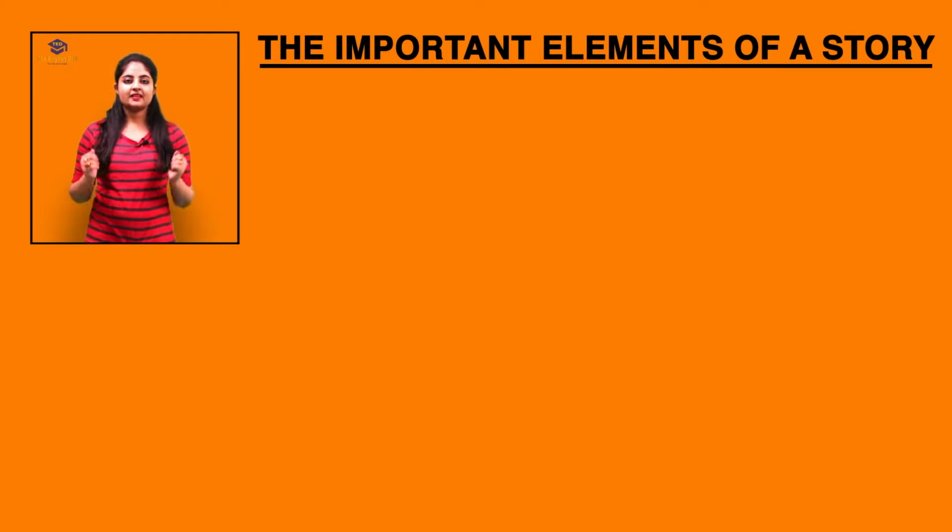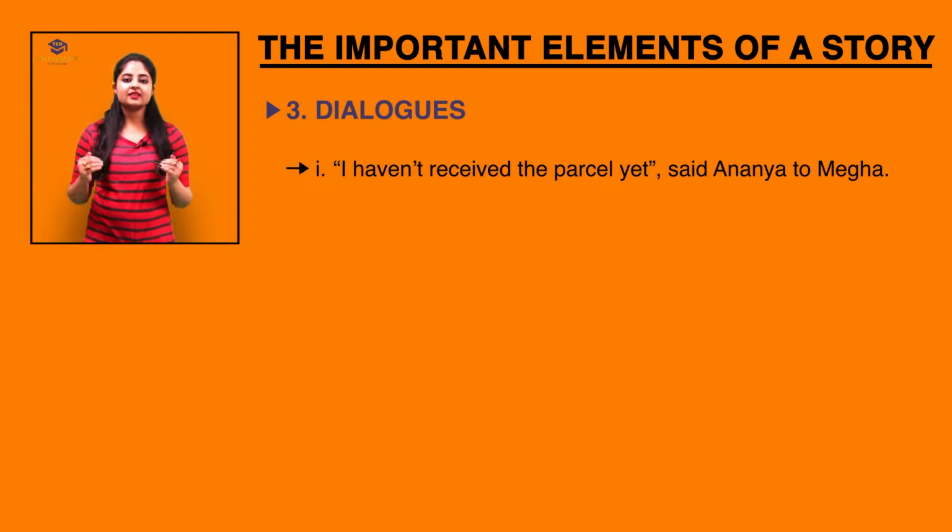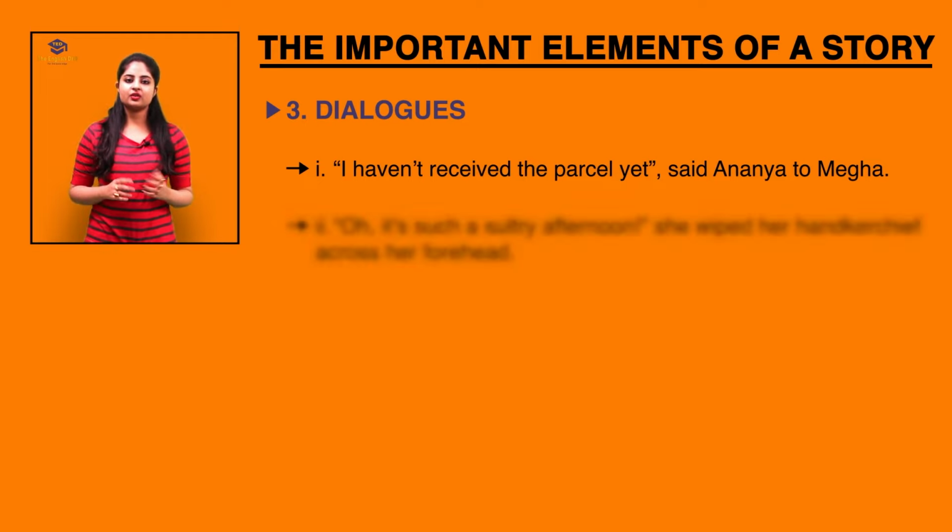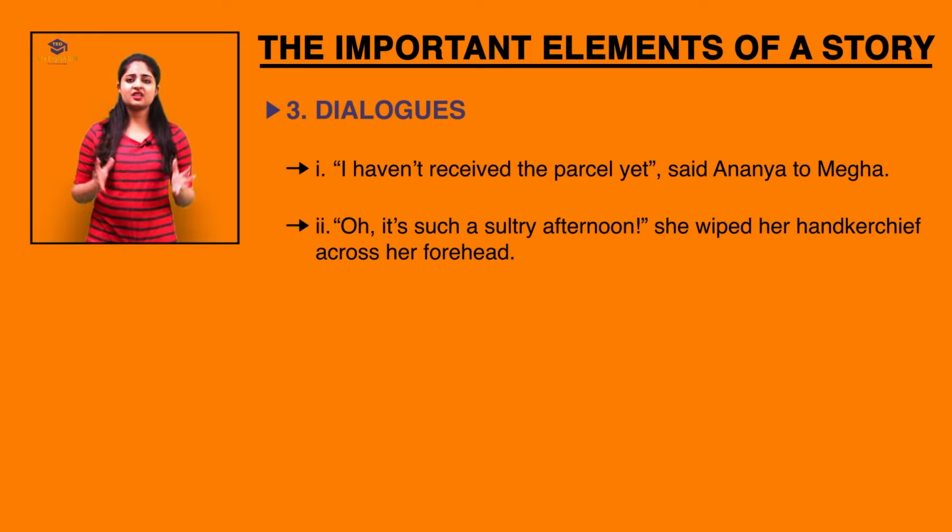Number three, dialogues. Let me give you a few examples of dialogues. Number one, within quotes, "I haven't received the parcel yet," said Ananya to Megha. Number two, again within quotes, "Oh, it's such a sultry afternoon!"